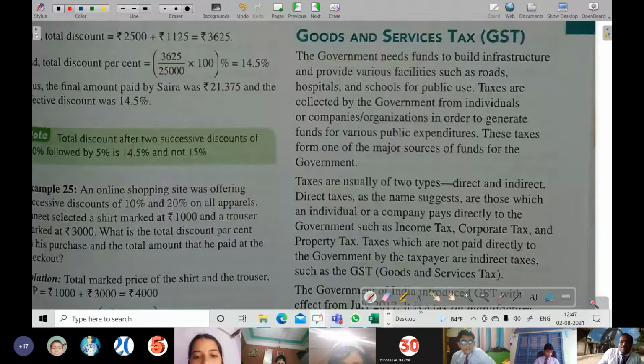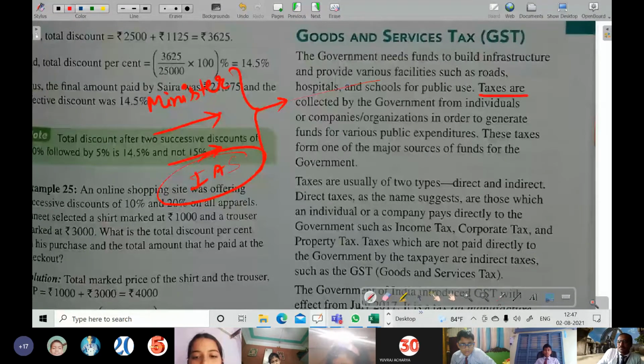Because the money which the minister gets as salary, or the money on which the DM moves in a car, or the money with which an IAS officer maintains all his facilities, all this money comes from the general people's pocket. We are paying salary to them. How? By giving taxes.